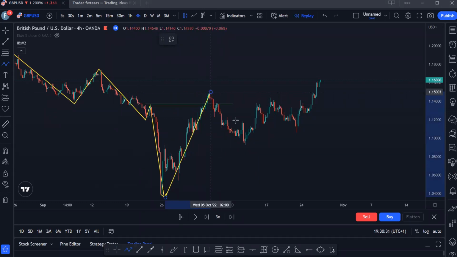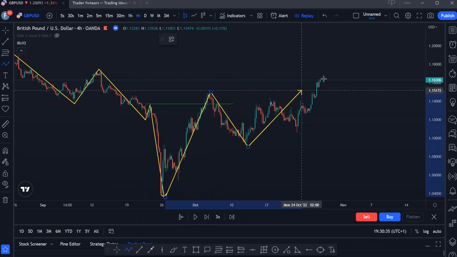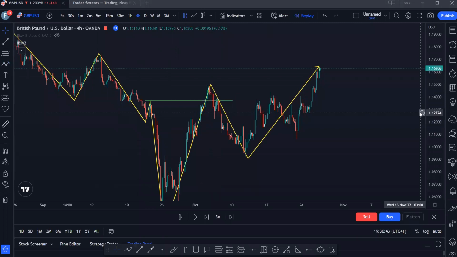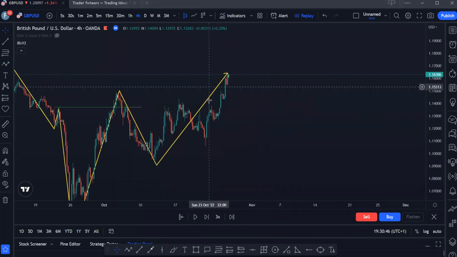We can see the retracement, and then we can see the higher high. Good. So now price is in an uptrend, like so. In an uptrend, what are you looking for? You are looking for a support zone in an uptrend.